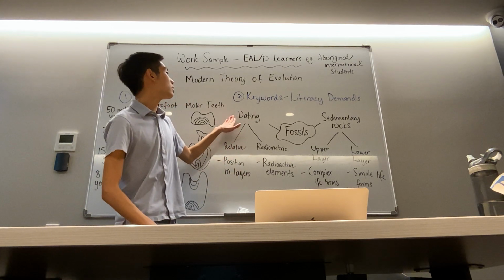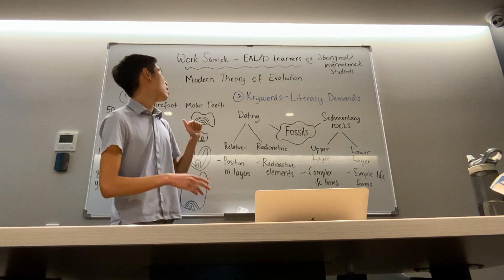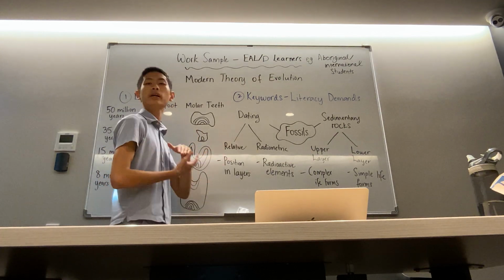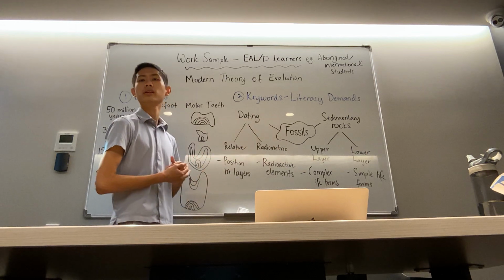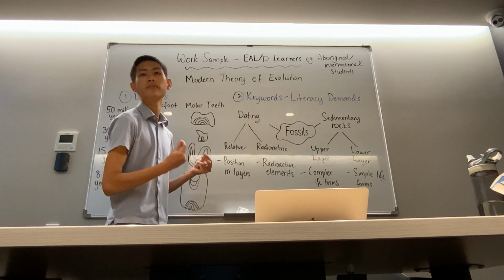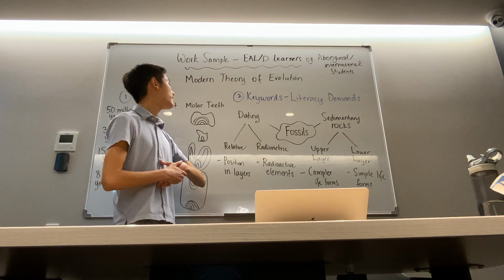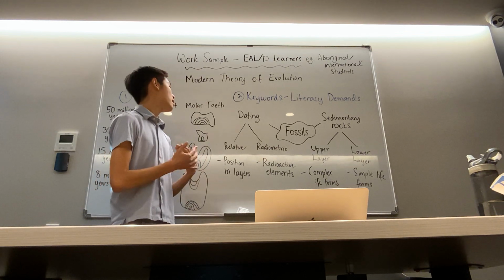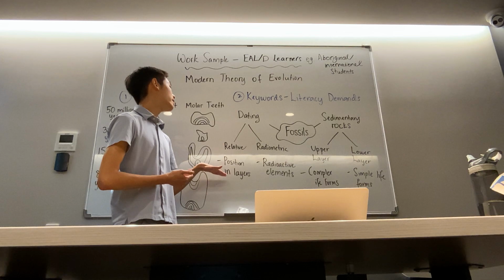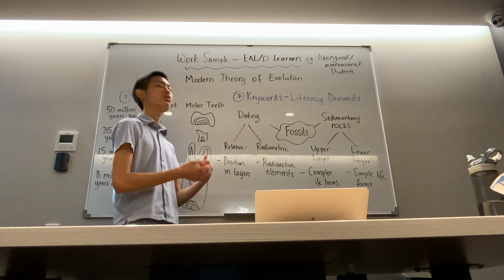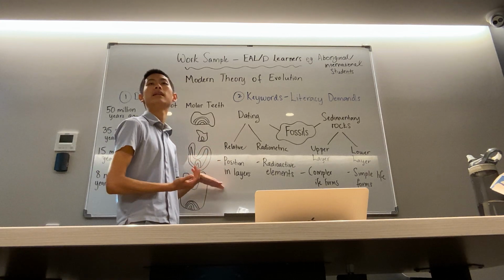Then when it talks about dating, fossil dating is divided into relative and radiometric dating. It's very important that these terms are specified. So the student would then be able to explain at least that relative dating would be to determine a fossil's age by position in the layers.